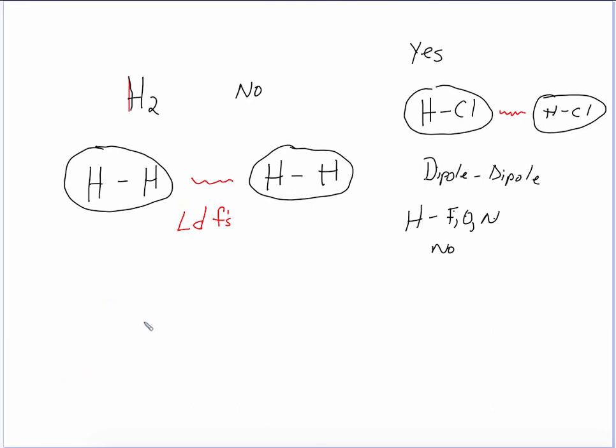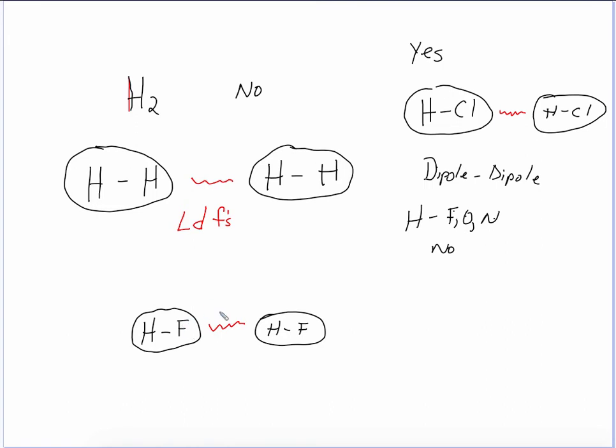Now let's compare another one here. So let's say we had HF, and we know HF is a polar molecule. And let's say we had another HF here. Now HF is polar, so yes, it is polar. And so we've got to think about, what's the attraction between these molecules?